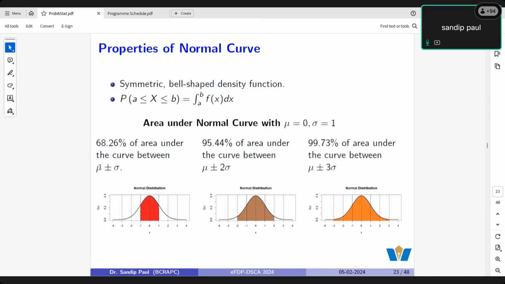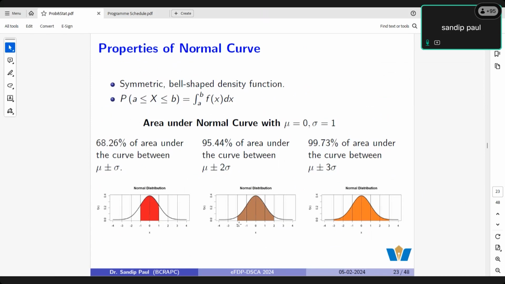So if we have a normal distribution with mean mu and standard deviation sigma, 68.26% of the area will be covered within mu plus minus sigma. That means from mu minus sigma to mu plus sigma, it will be 68% of the area. Now in the second diagram we have drawn the standard normal graph.